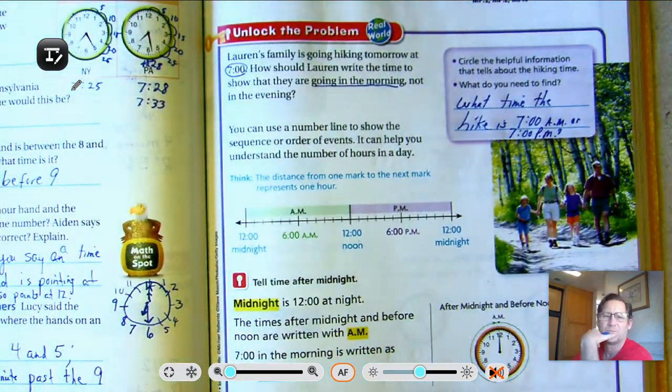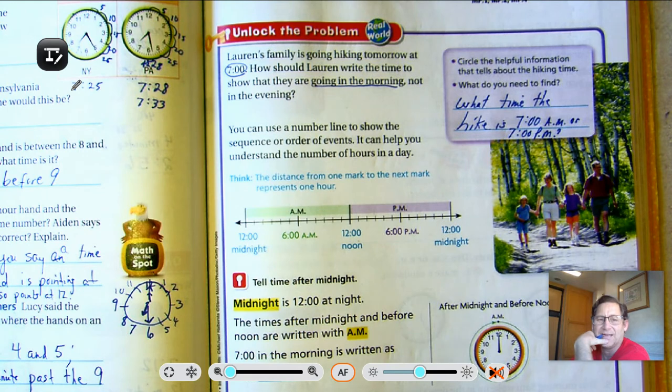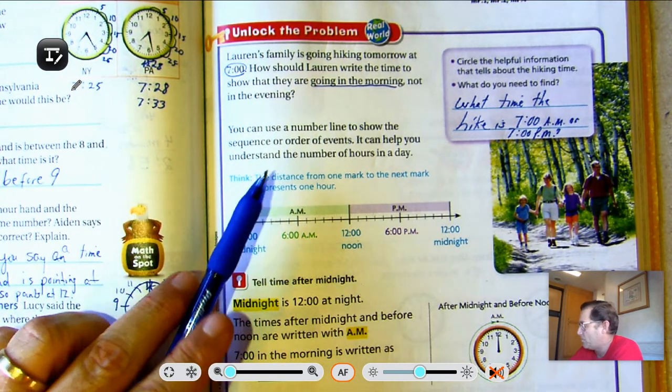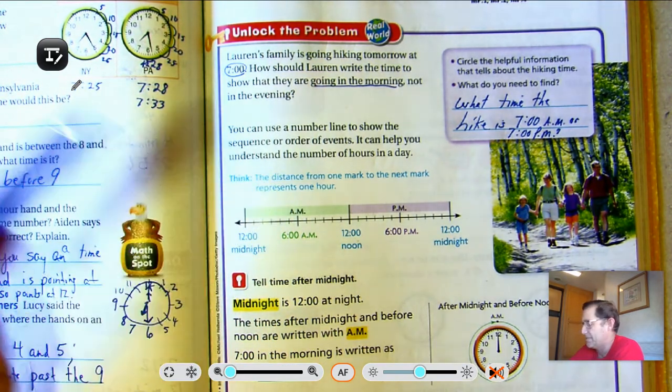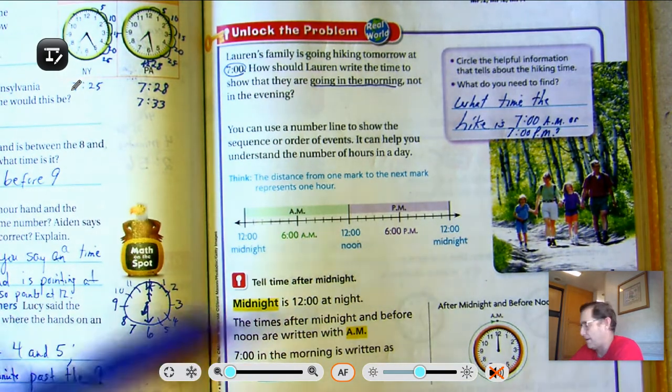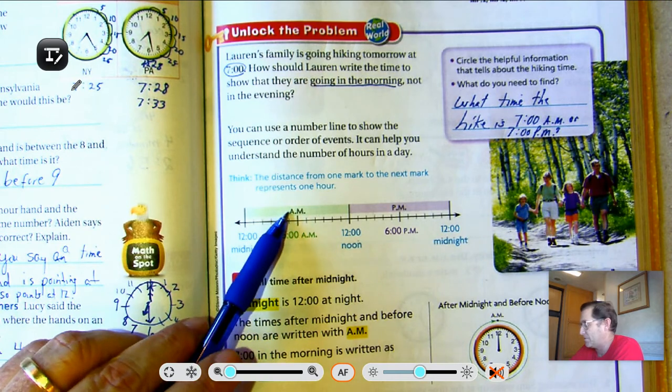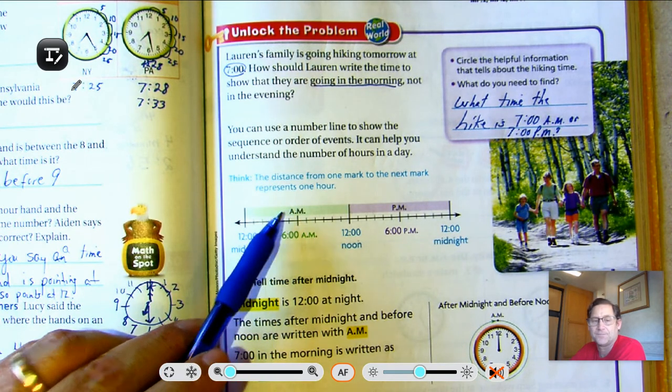All right, so you can use a number line to show the sequence or order of events. It can help you understand the number of hours in a day. So think, the distance from one mark to the next mark represents 1 hour. So 12 midnight, we notice that it's in the green section, or the AM.